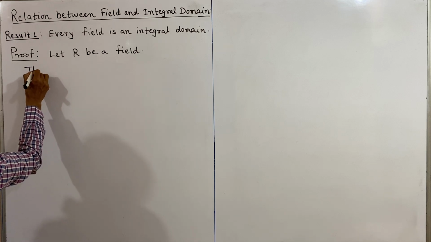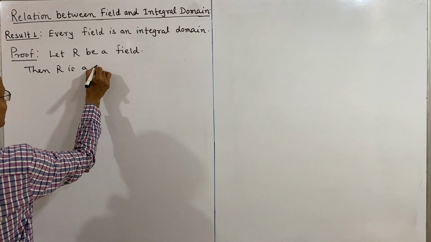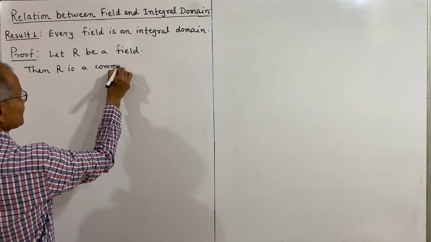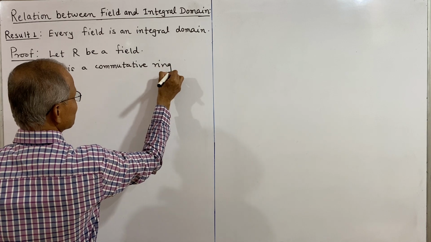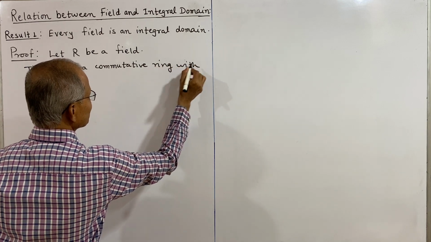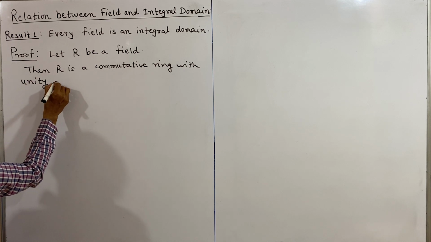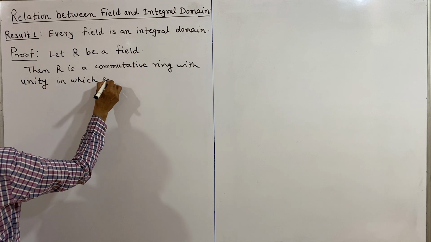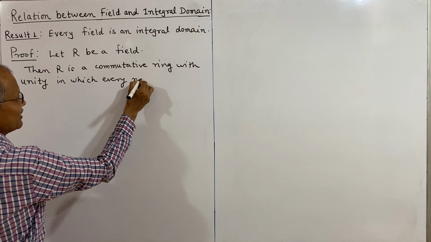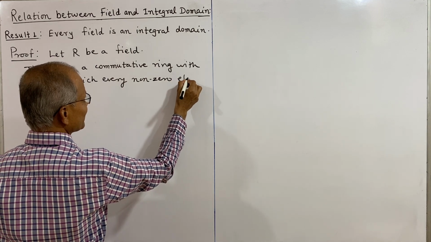Then R is a commutative ring with unity in which every non-zero element has a multiplicative inverse.